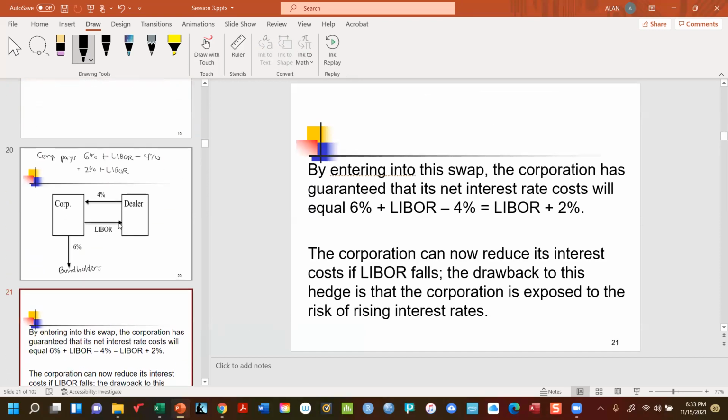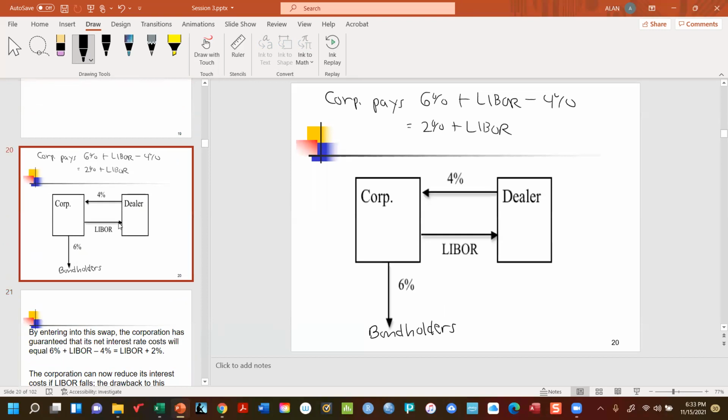That's what they've done: they've traded their fixed rate exposure for a floating rate exposure. And they've done this intentionally because of their outlook on interest rates. They really believe that rates are heading down and that this is a good opportunity to save some money. Because they can't very well turn around and say to the bondholders, listen, we changed our mind.